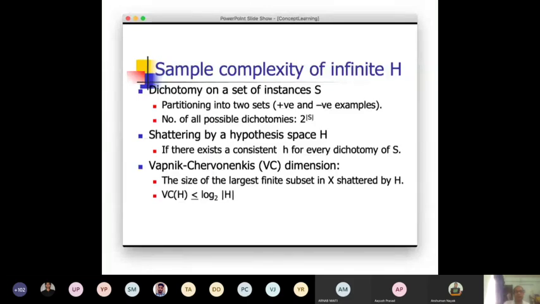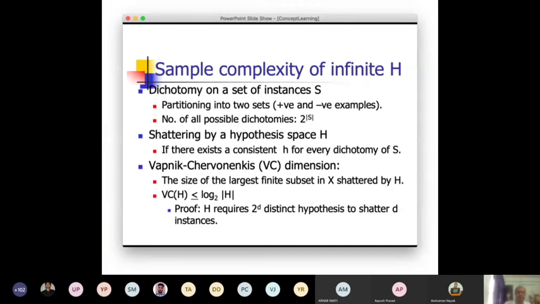One of the bounds on this VC dimension, as we call it in short form: the VC dimension of a hypothesis space should be less than or equal to log base 2 of the hypothesis space size |H|. The proof is very simple, because if you have d instances, you require 2 to the power d distinct hypotheses.